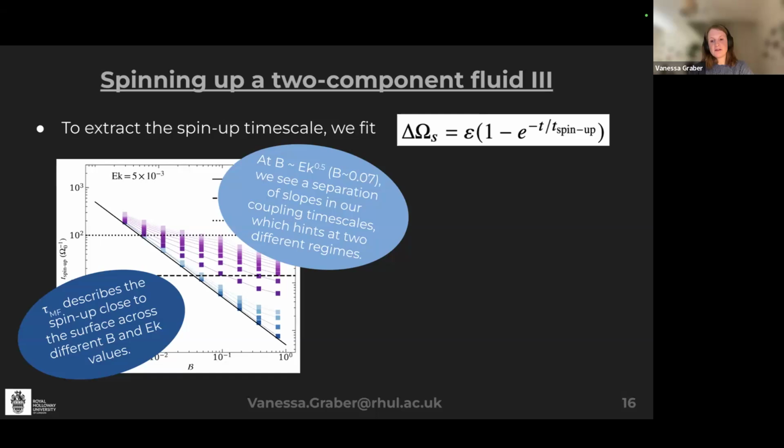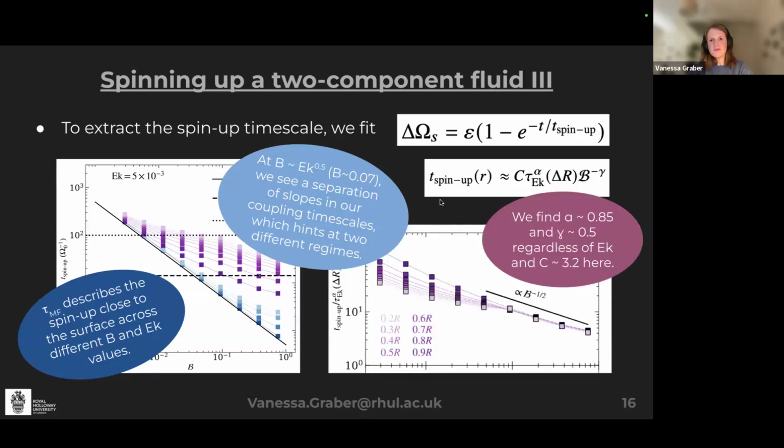To actually figure out if this is true in our data and simulations as well, we fitted a functional form for the spin-up timescale that has this form. So C, alpha, and gamma here are free parameters that we fitted to our simulation results. And tau_EK is just the Ekman timescale, which we assumed depends on the radial difference from the surface of the star as we move inwards.